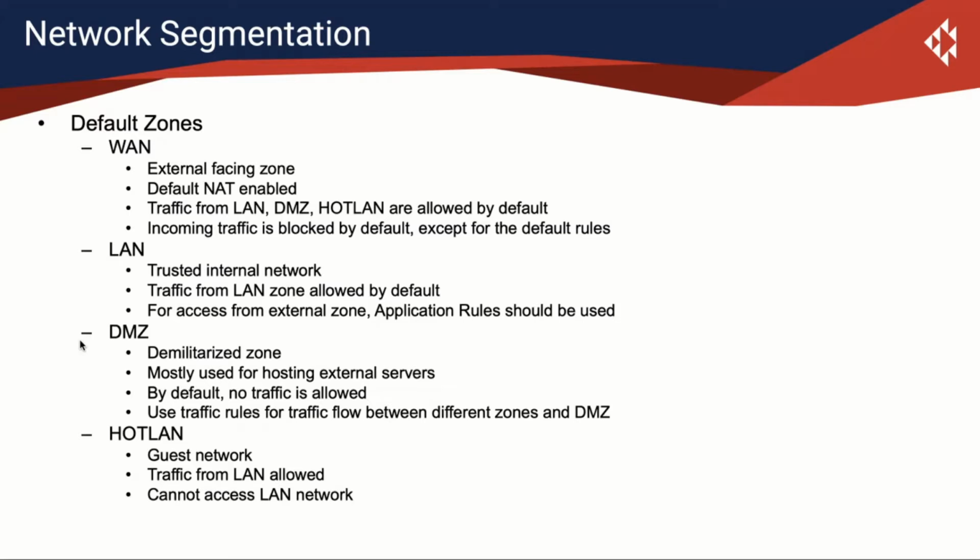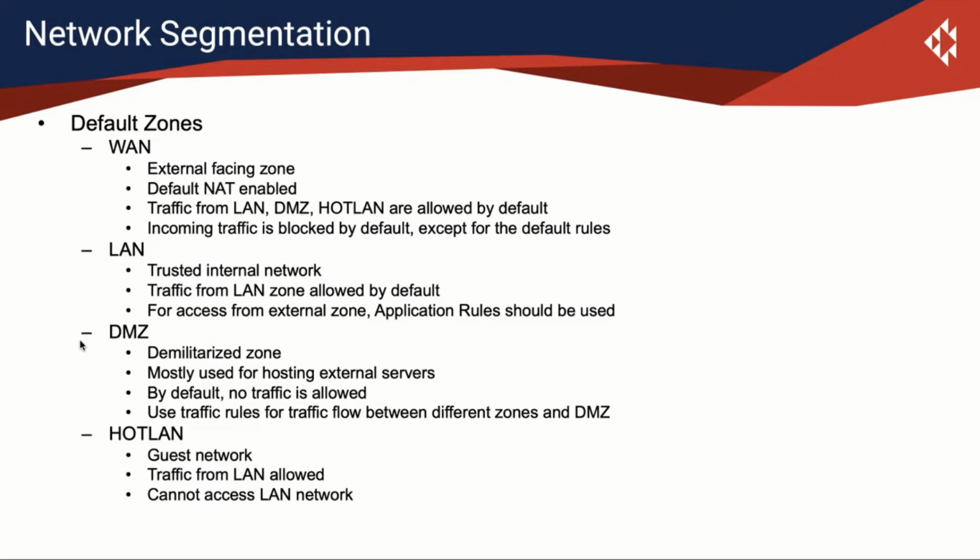WAN always has the default NAT enabled. So for any traffic that goes out of CE, it gets NATed with the WAN IP. Traffic from LAN, DMZ, and hotline is permitted by default. That is obvious, because if you want to access anything outside your CE, you need the allow rule.